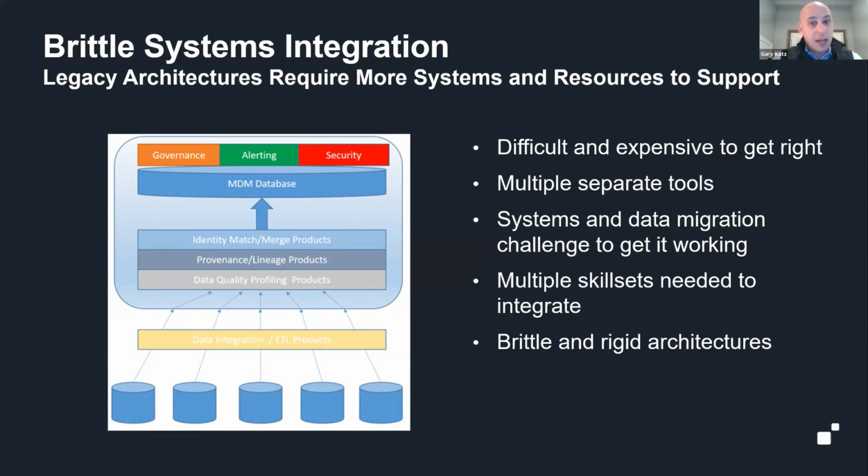You're going to need a separate data quality capability, a separate lineage and provenance capability. You're going to need the identity resolution capability. You're going to need the underlying database where you're going to store those records, which is going to be yet another product. And then you're going to have security and alerting and governance and all these other tools bolted on top. And these are all separate products.